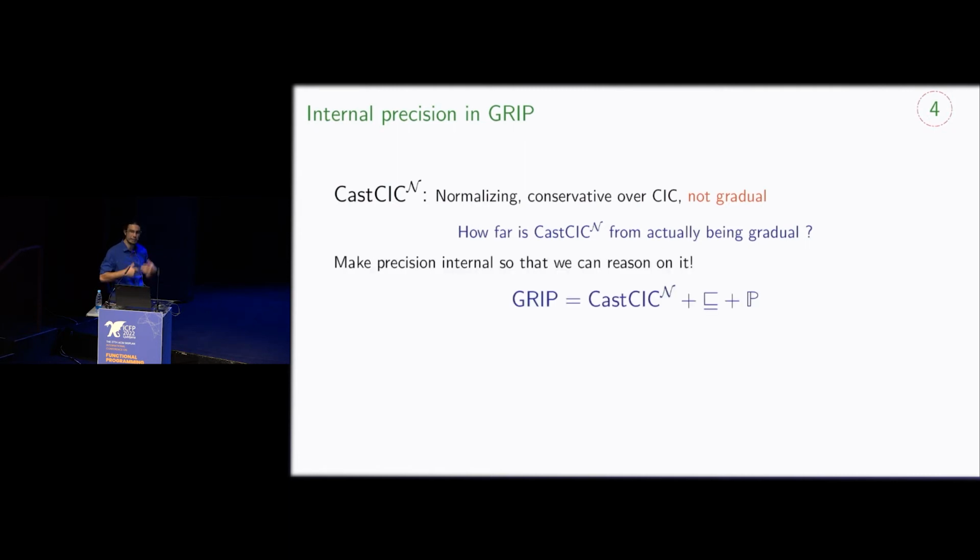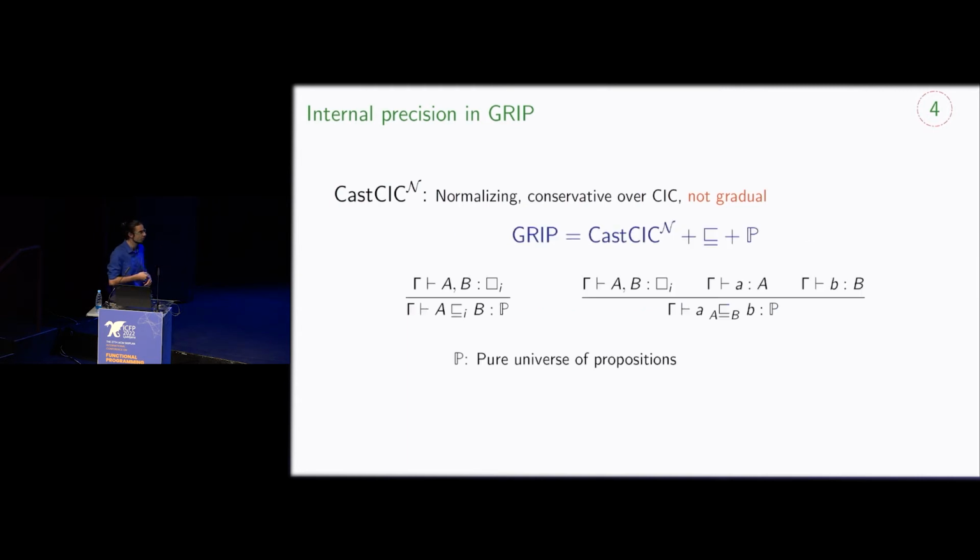And how do we do that? Well, we'll actually internalize the notion of precision inside the type theory so that we can actually reason inside the type theory on the precision between types. So we call GRIP the resulting type theory, which extends this cast calculus with a notion of precision, actually 2 families of precision, one for precision between types and a family for precision between terms.